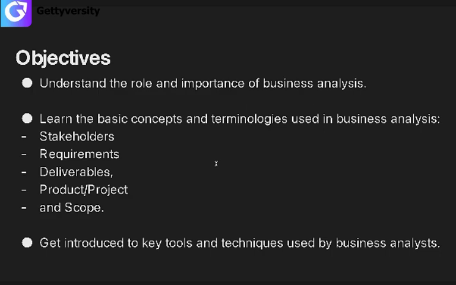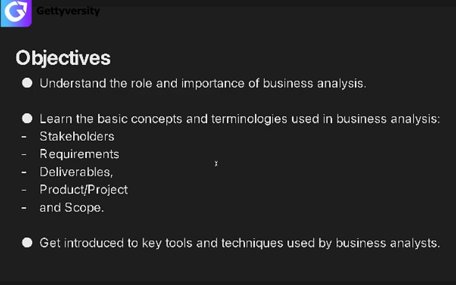So WhatsApp as a product is an item that is created through a project to be delivered to a customer or end users, which is you and I, right? So it can be a physical item, it can be software, and it can also be a service.